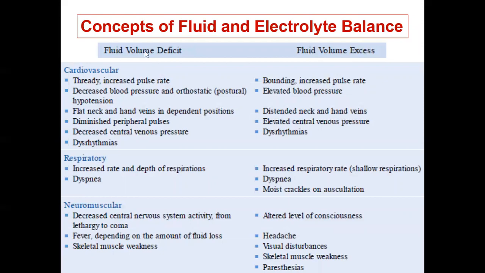So if anybody's fluid volume goes down, cardiovascular changes occur like this. Respiratory system: increased rate and depth of respiration, and the patient develops shortness of breath. Neuromuscular: decreased central nervous system activity, or fever depending on the amount of fluid, or skeletal muscle weakness.